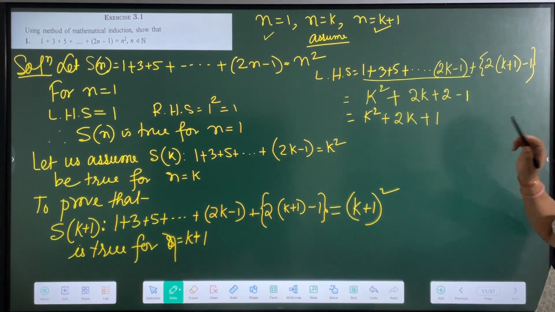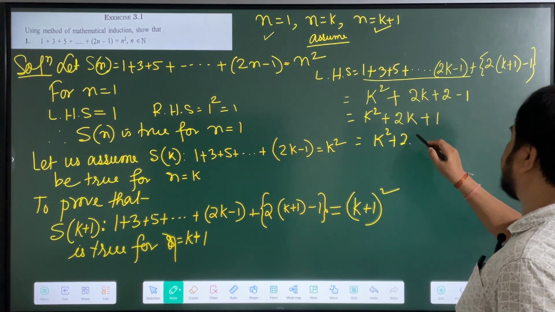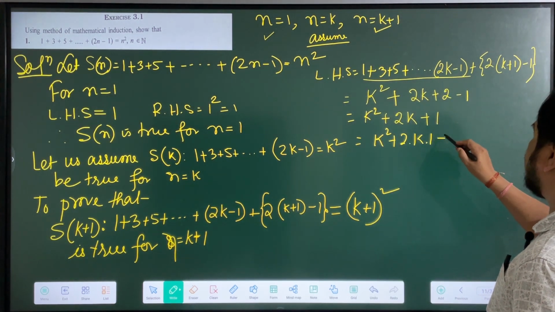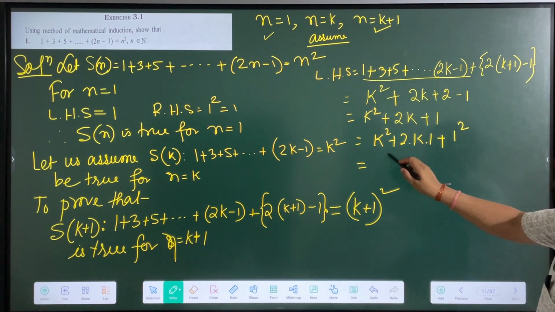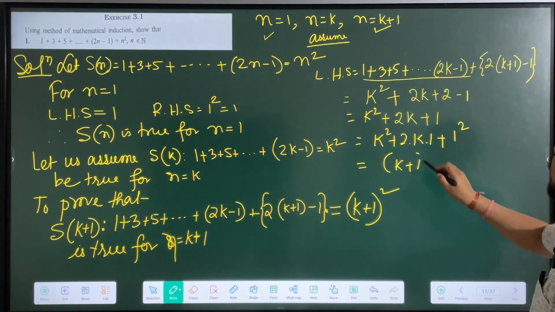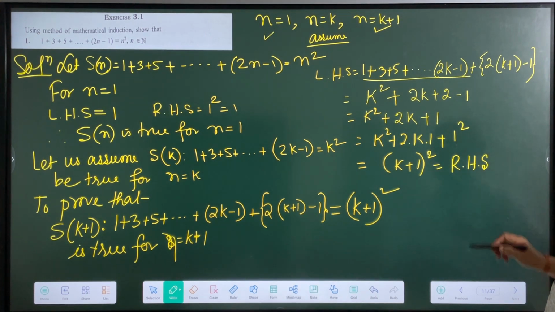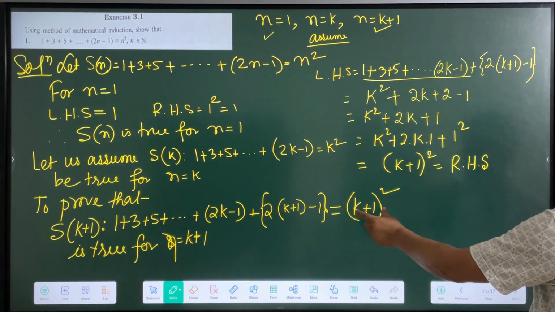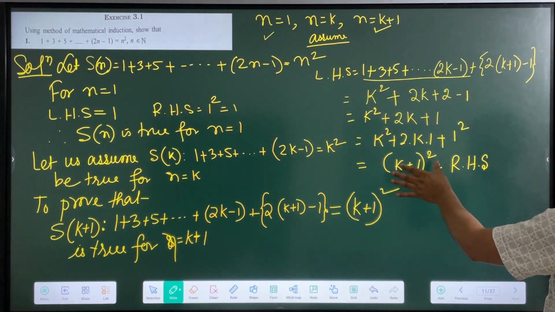2 minus 1 is 1. This one more time we can write. If you cannot do it directly, then we can make it a square plus 2ab plus b square, which is a plus b whole square, which is the right hand side, k plus 1 whole square. By doing calculation in left hand side, we have got right hand side, correct?